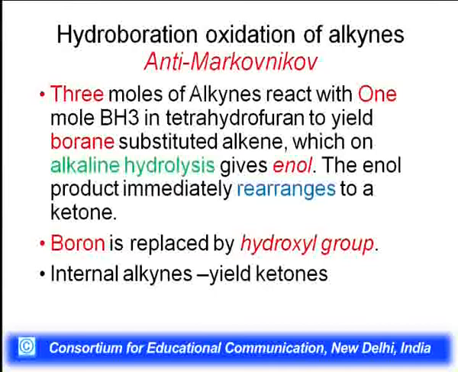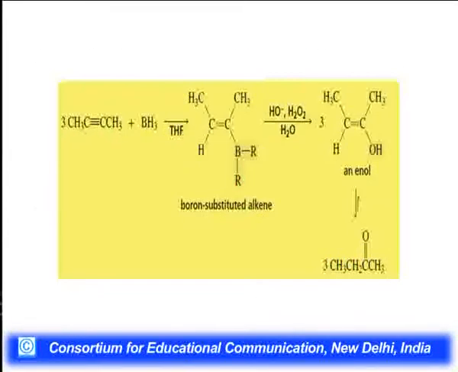The next method of preparation is by hydroboration oxidation of alkynes. In this case, we will treat the alkyne with boron hydride in THF, followed by alkaline hydrolysis, when we'll get an enol.